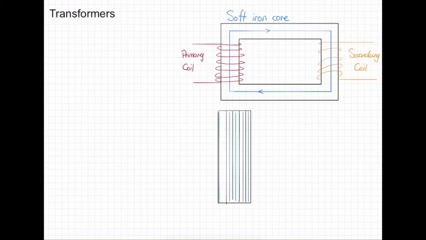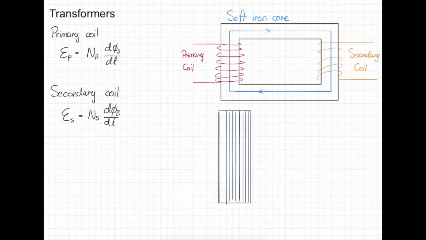Well, we know from Faraday's law that the EMF of the primary is going to be equal to the number of coils of the primary times the changing magnetic flux. And that the EMF produced in the secondary coil is going to be equal to the number of coils times the changing magnetic flux.